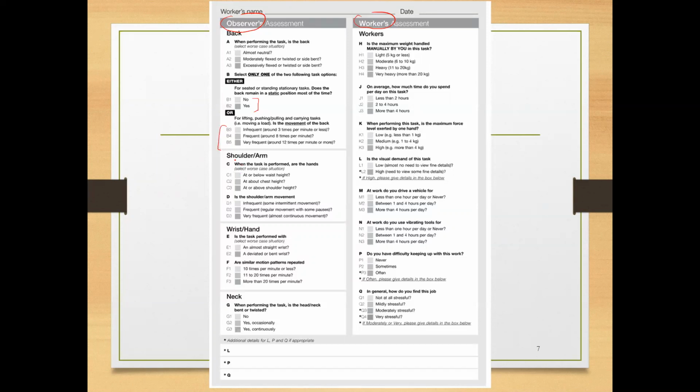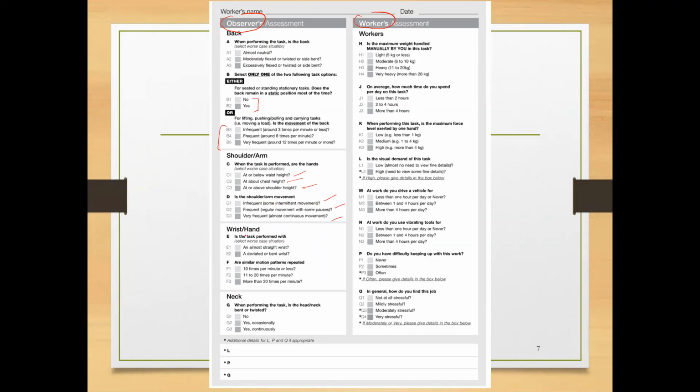Then some questions related to shoulder and arm, actually two questions. So when the task is performed, are the hands at or below waist height, at about chest height, at or above shoulder height? And is the shoulder arm movement infrequent, frequent, or very frequent?